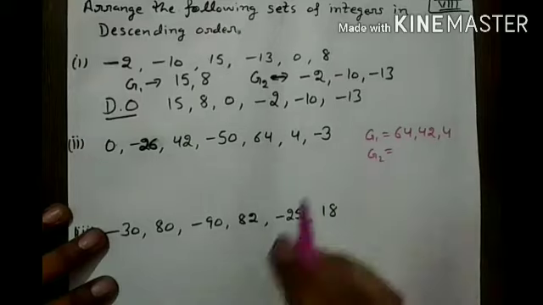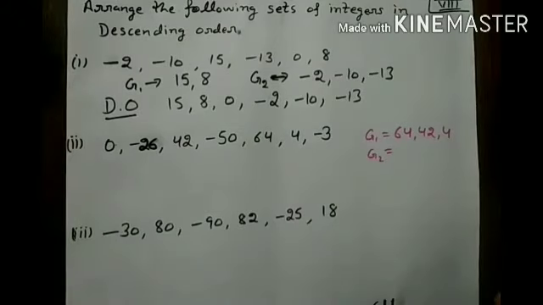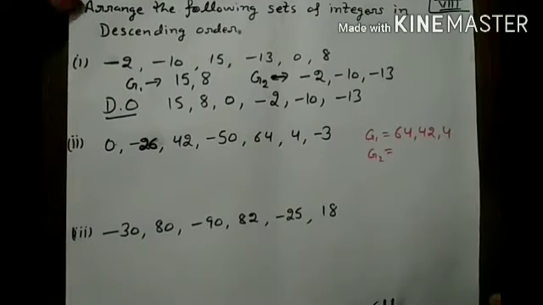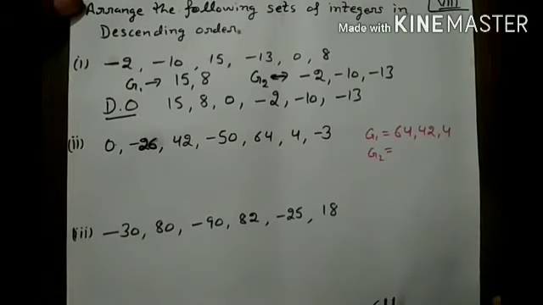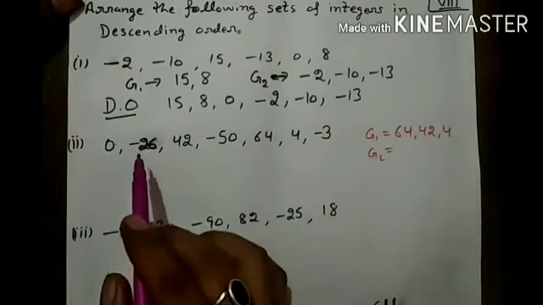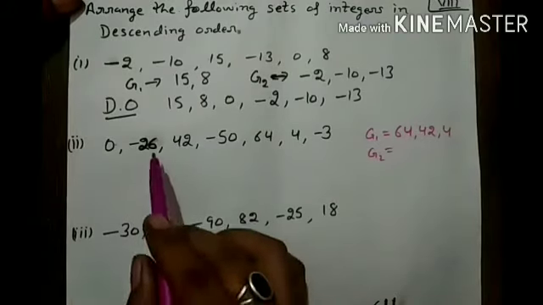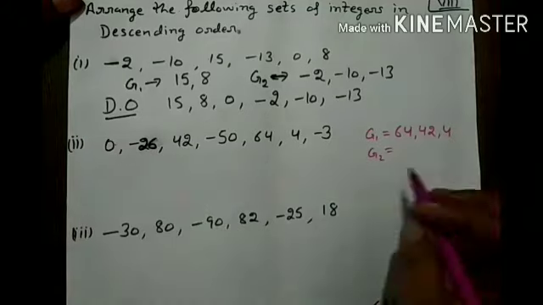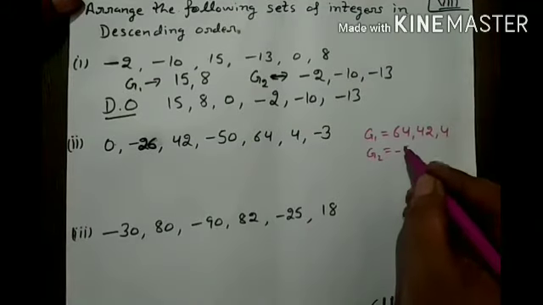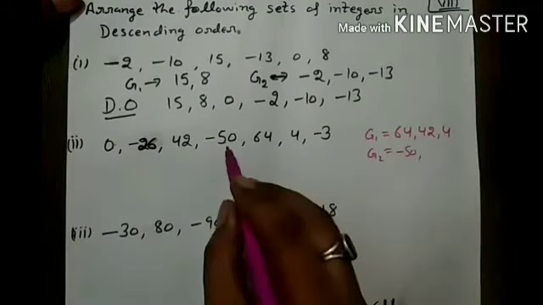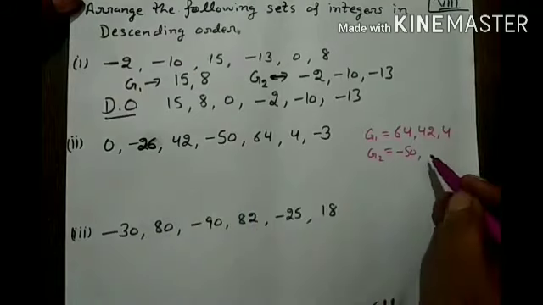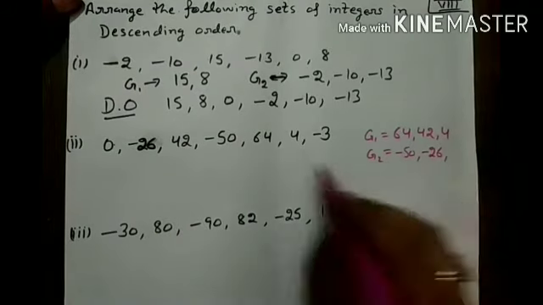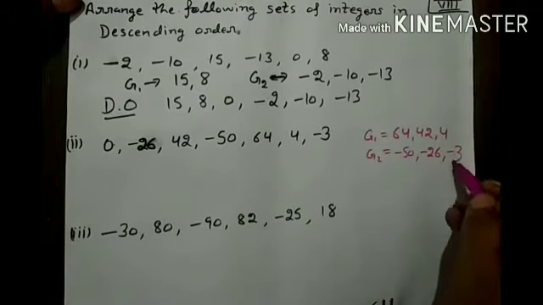Now group 2 will include negative integers, and I have to write in descending order, so I will write -50 at first place, after that -26, then -3.